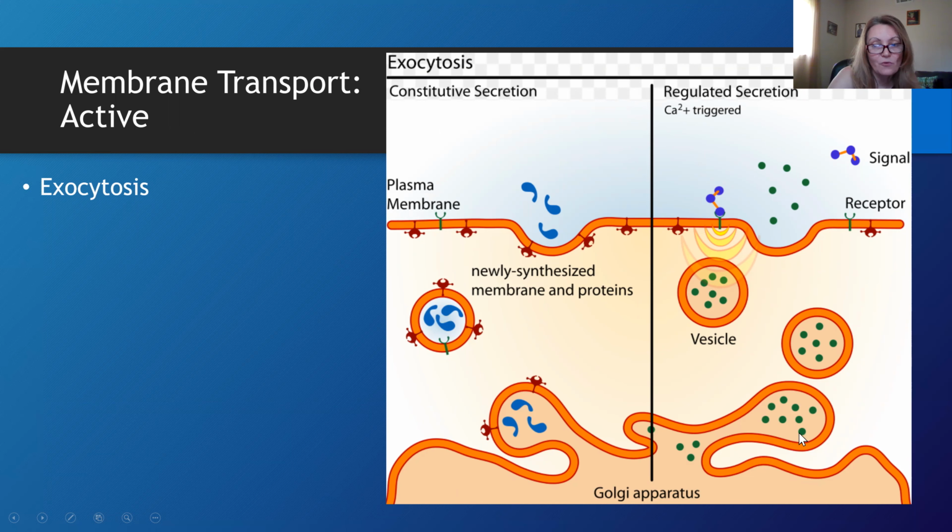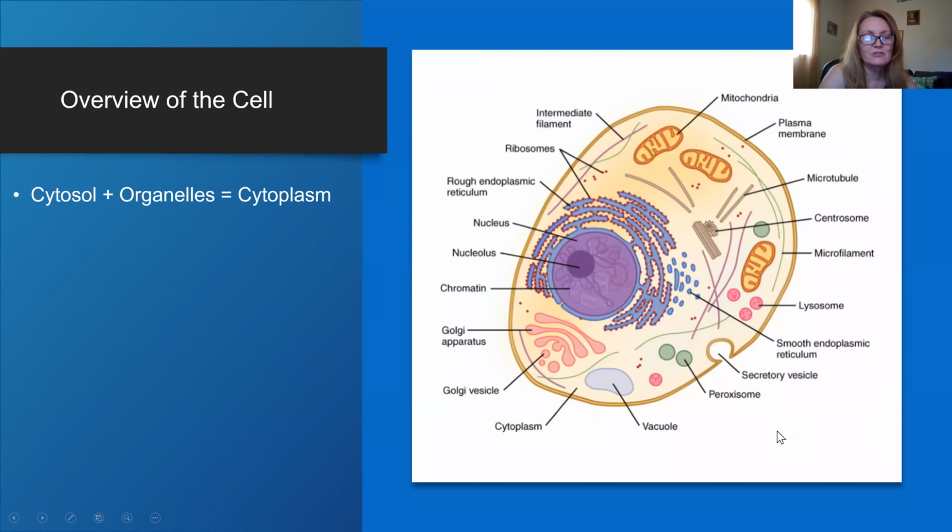When vesicles are formed, they move towards the cell membrane only when we have some signaling molecule, some ligand attached to a receptor protein. So the ligand attached to the receptor protein triggers this regulated secretion. For example, this is how calcium can trigger secretion of endocrine glands. Okay, so that was exocytosis.